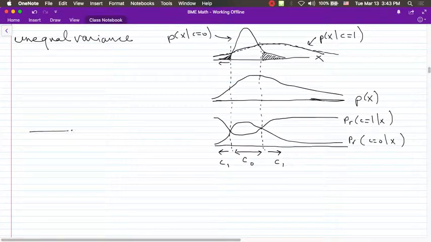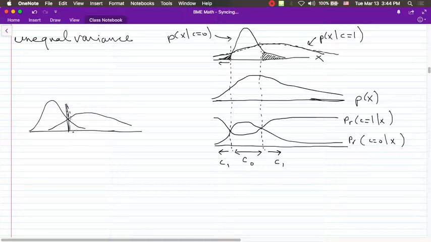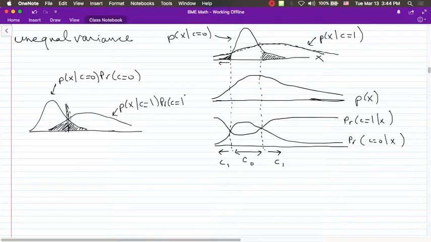So in general, when you have two likelihoods, here's one likelihood, here's the other likelihood, and here's your decision boundary someplace here. Then the area here is going to be misclassified, and the area here is going to be misclassified as well. This is probability of x given that you have class 0 times the prior probability of class 0. This is probability of x given that you have class 1 times the prior probability of class 1.